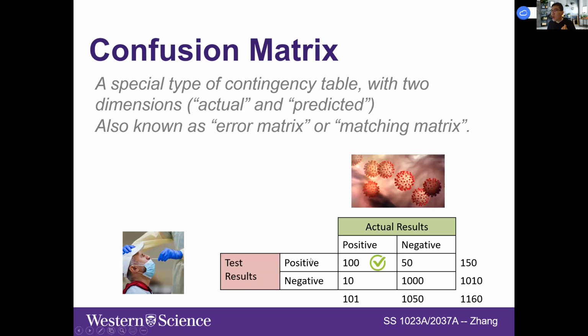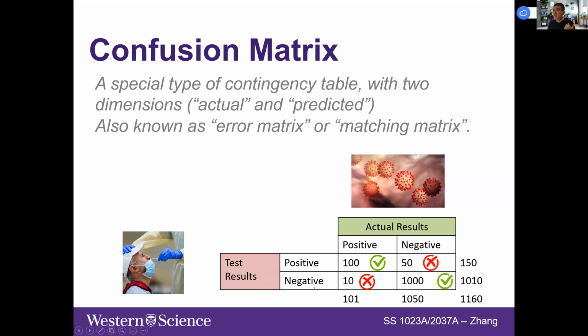As you can imagine, when we get a positive test and it is actually positive, it's a really nice thing, because our test is correct. However, if our test is positive but this individual is negative, then we make a mistake. And when our test is negative but the individual is actually positive, that's another type of mistake.